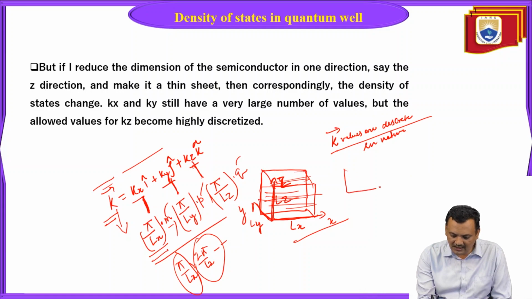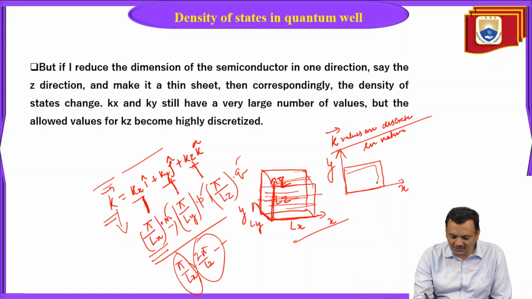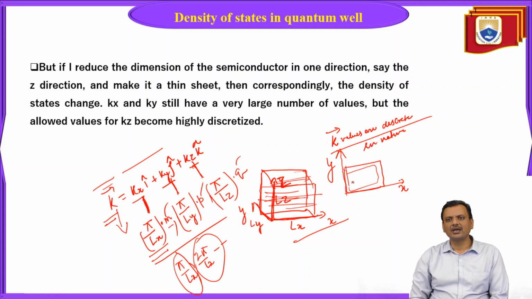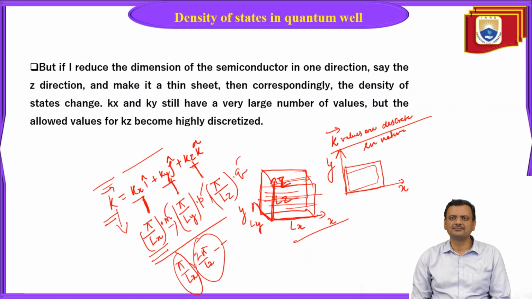It looks like a thin sheet or plate, where this is x, this is y. This entire z direction growth will be gone. Now your electron can move in this xy plane only. It cannot move in the third available direction, that is the z direction.